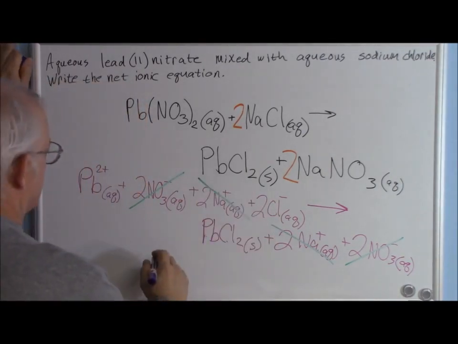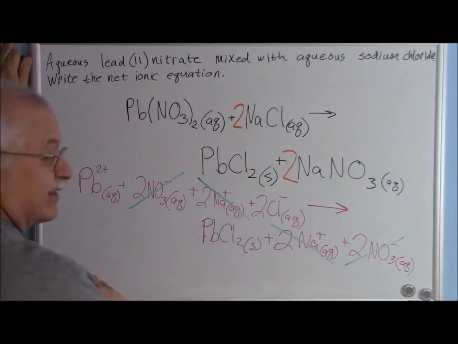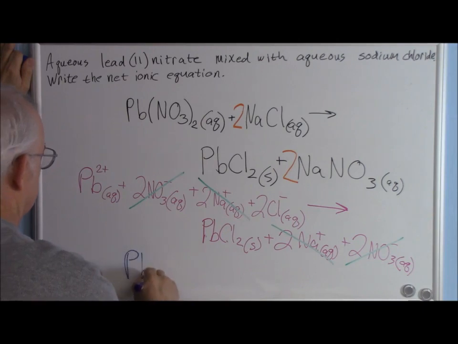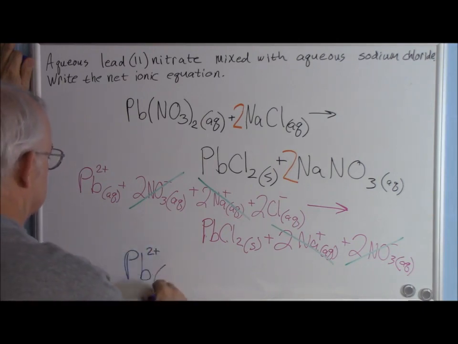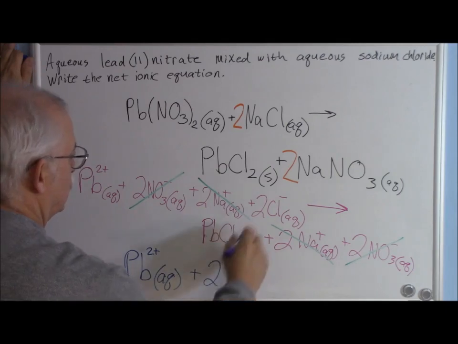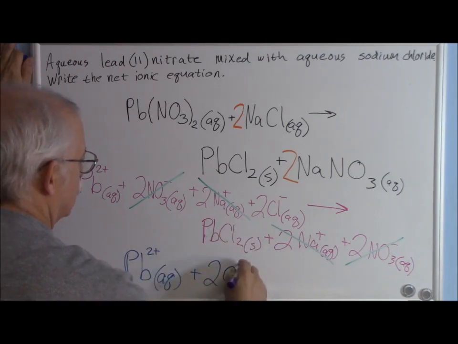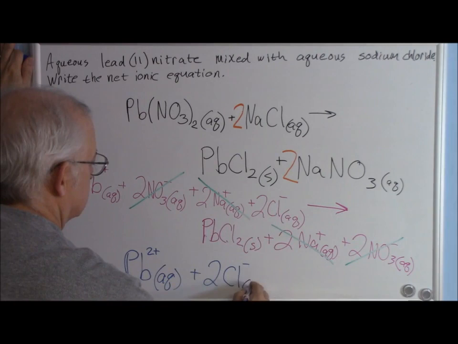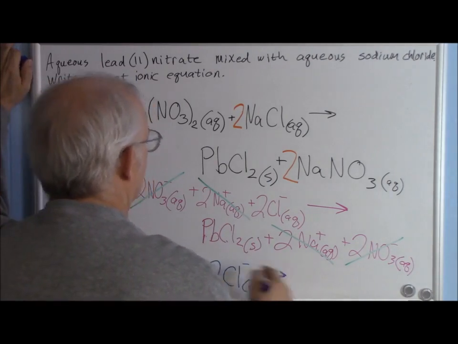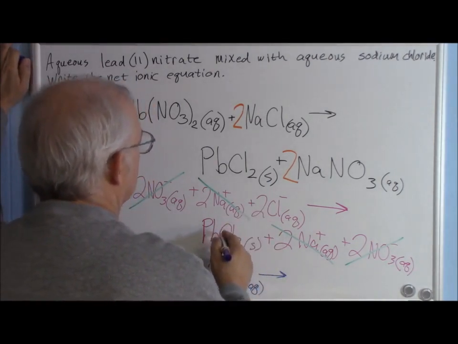So let's take this mess that we've generated and come up with the net ionic equation. The net ionic equation would just be rewriting everything that's not crossed out. So we would have lead ions with a charge of 2+, and they are aqueous, plus 2 chloride ions, also aqueous, giving us lead chloride, or I should say lead 2 chloride.